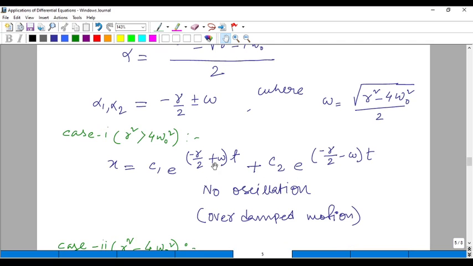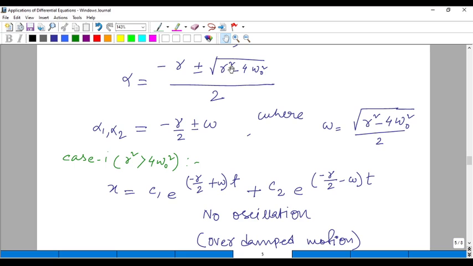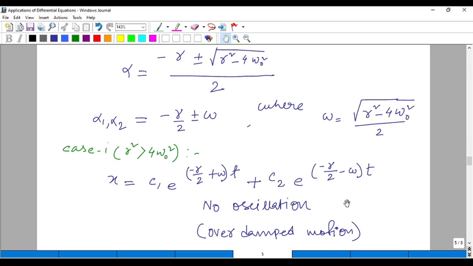If gamma square is larger than 4 omega 0 square, that means the damping constant is very high compared to omega 0. Omega 0 depends on the spring constant, so the damping term is very high compared to the restoring force, that is, the stiffness of the spring.